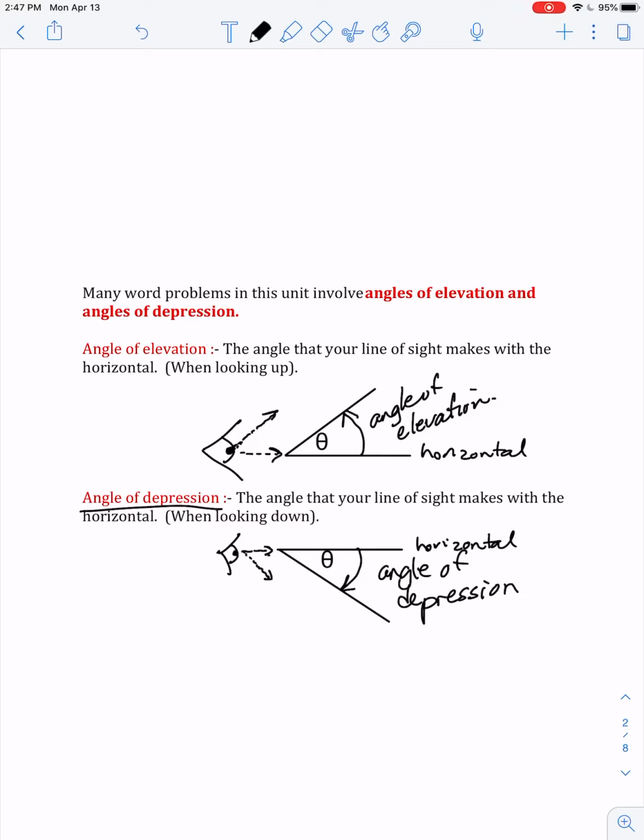So depression is going down, you're looking down from the horizontal, and to elevate is to go up, you're looking up from the horizontal. You'll see that the angle of elevation and the angle of depression are definitely related to each other in a diagram. So let's go back to the original problem.